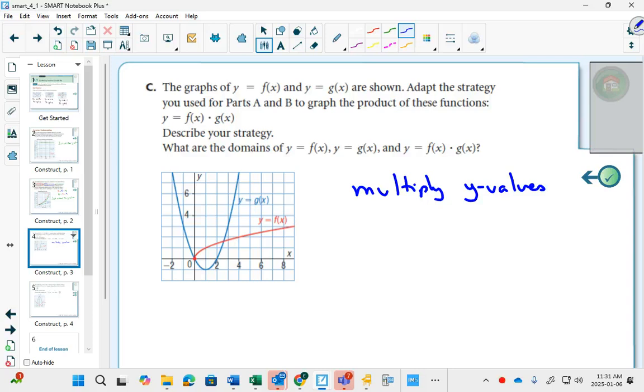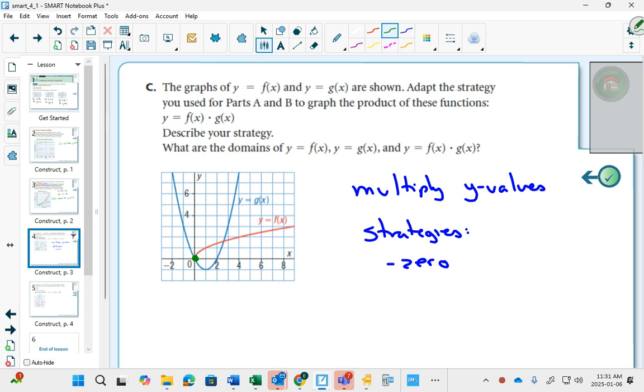0. If you find any zeros, and that 0 can be on either one. Like here they're both 0. 0 times 0 would be 0.